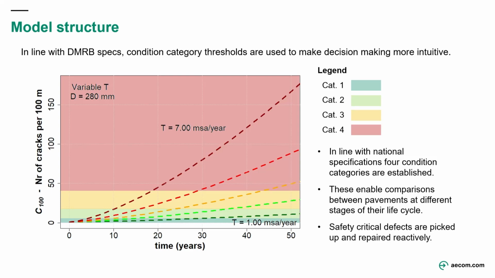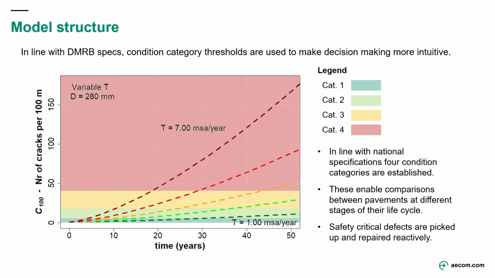In line with DMRB specification and practice, we established some condition categories which were enabling us to determine at what stage of the life cycle the pavement was based on the number of cracks and damage. Again, there are similar graphs for different types of pavements, one for URC, one for JRC, and one for CRCP. So both for reinforced and unreinforced pavements, for jointed and unjointed pavements.